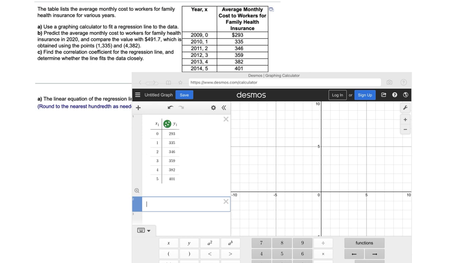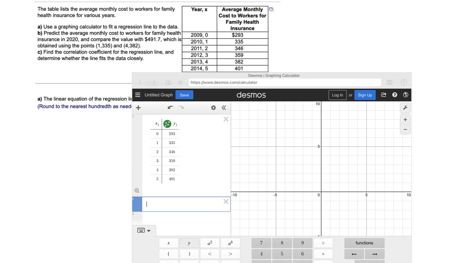Now, if you haven't cleared your table already, you may want to clear it. Otherwise, it'll give you an x2 and a y2, or an x3 and a y3, which you could use, but it's easier just to always use the same one.